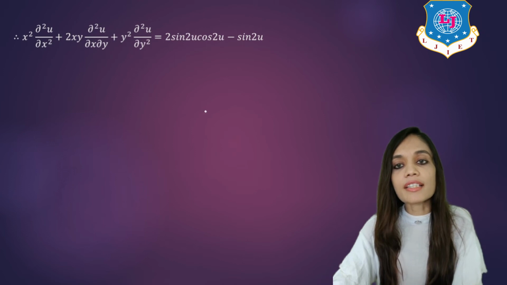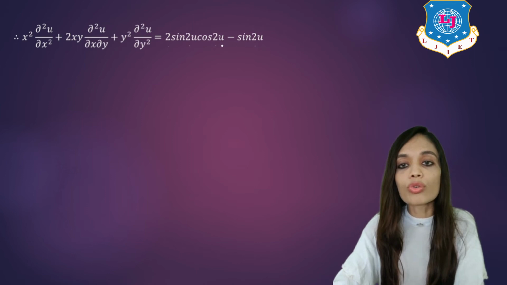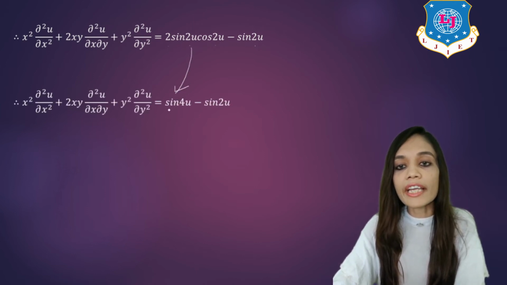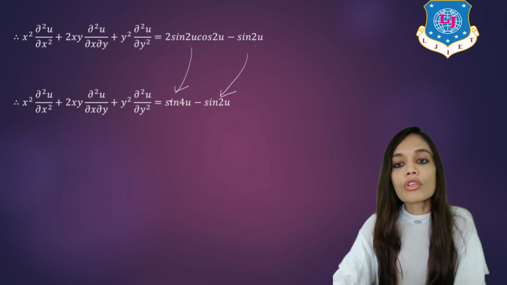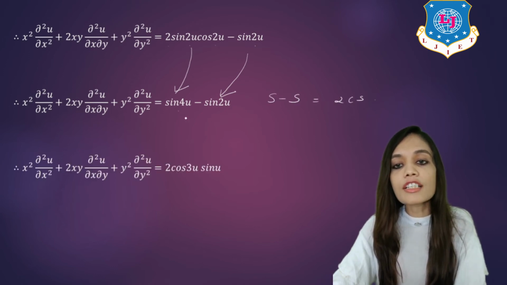Now open the brackets and simplify. So you will get 2 sine 2u cos 2u minus sine 2u. Now we know the formula of this. So it will be equal to sine 4u, and this will remain as it is, sine 2u. So we now know the sine C minus sine D formula, that is 2 cos C sine D. So on applying this formula we will get 2 cos 3u into sine u, right?